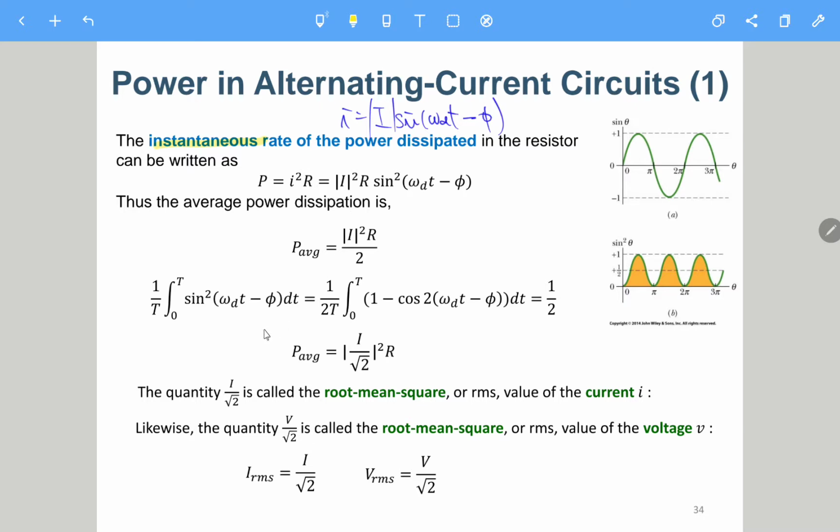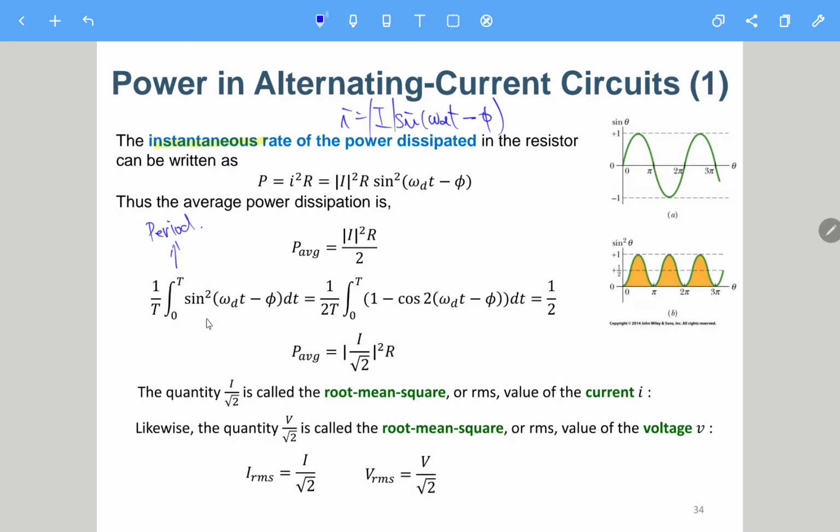So the point is that we try to integrate the power for a single period and then divide it by the period itself. So it makes it the average power. And actually these two terms, I squared R, are irrelevant to the time t, so we only need to integrate this term from 0 to capital T. Capital T is the period of the sinusoidal.